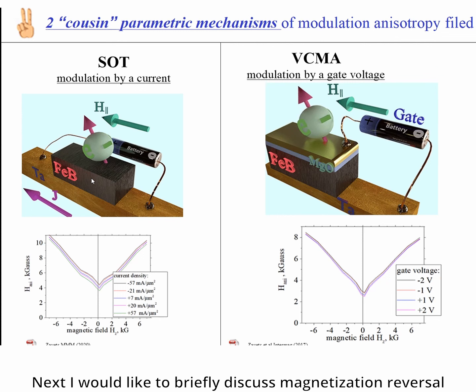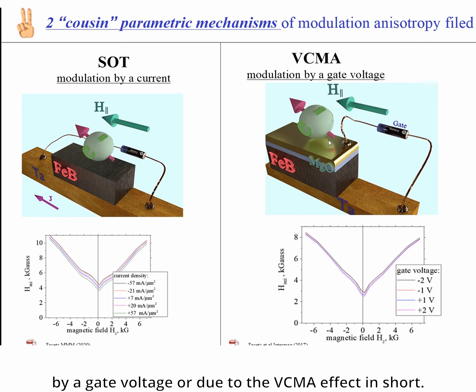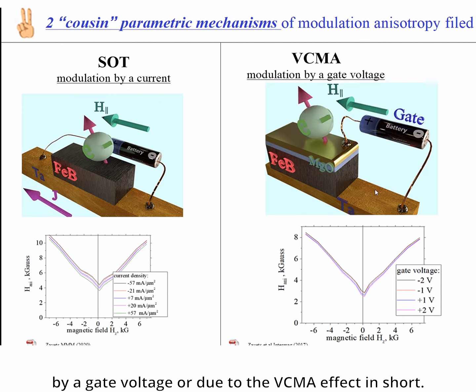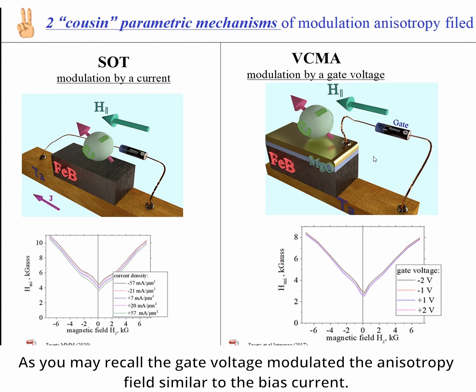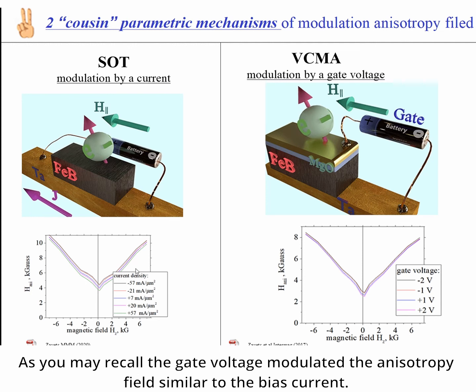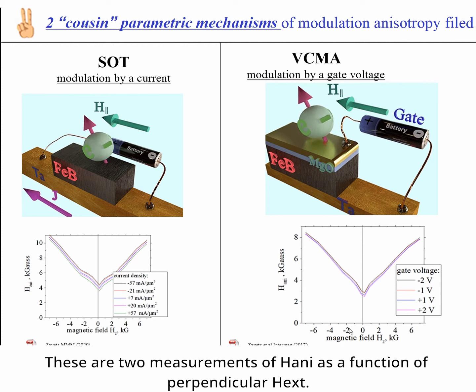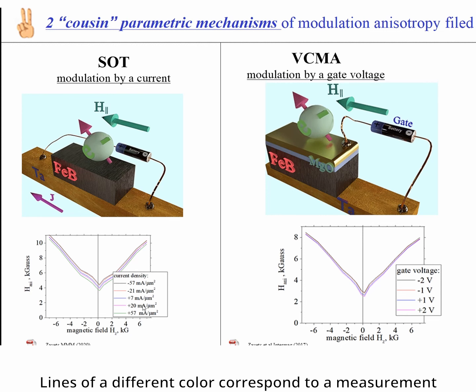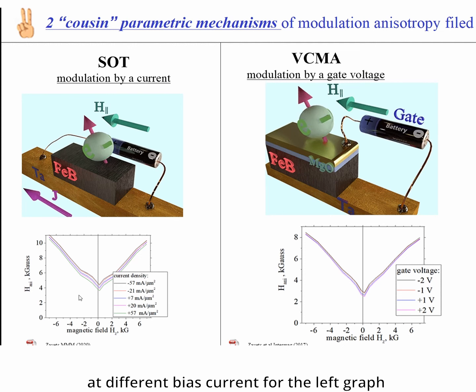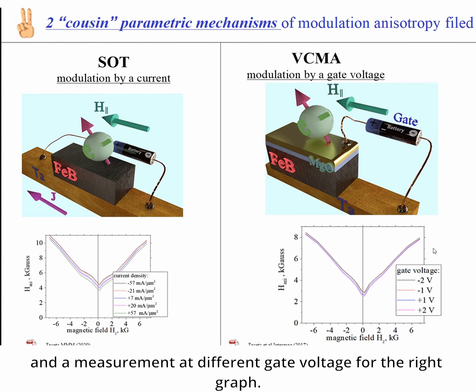Next, I would like to briefly discuss magnetization reversal by gate voltage, or due to the VCMA effect in short. As you may recall, the gate voltage modulates the anisotropy field, similar to the bias current. These are two measurements of anisotropy field as a function of perpendicular magnetic field. Lines of different color correspond to measurement at different bias current for the left graph, and measurement at different gate voltage for the right graph.